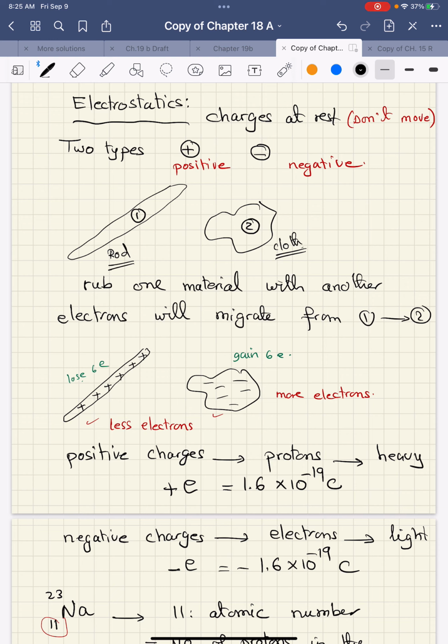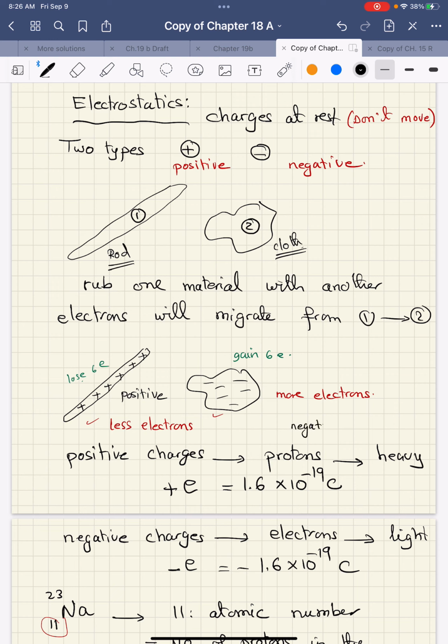The first one is going to lose, let's assume, 6 electrons, and therefore it is going to have fewer electrons and look positive. And the second one, the cloth, is going to gain 6 electrons, which means more electrons, and therefore it is going to look negative.